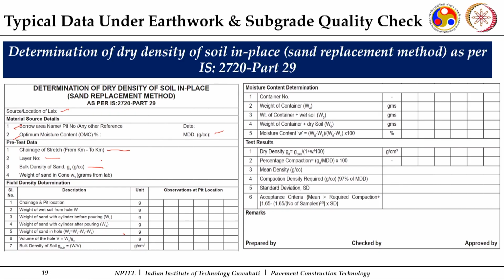During this sand replacement procedure specifically, we need to know the standard sand. So, what is the bulk density of the sand which has been used, so that we are able to look into the variability of it.